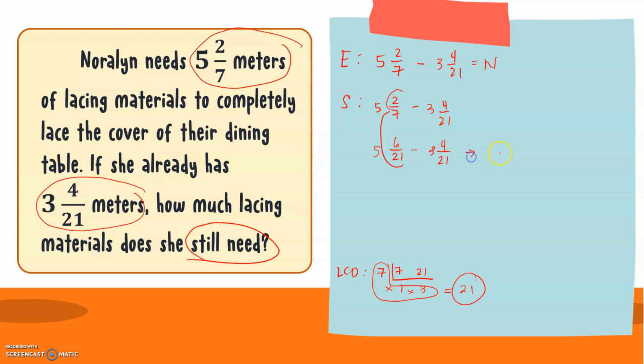So for our new fractions, we'll have 5 and 6/21 minus 3 and 4/21. 6 minus 4 is 2, so we copy the common denominator. And 5 minus 3 is 2. That means Noraline still needs 2 and 2/21 meters of lacing materials.